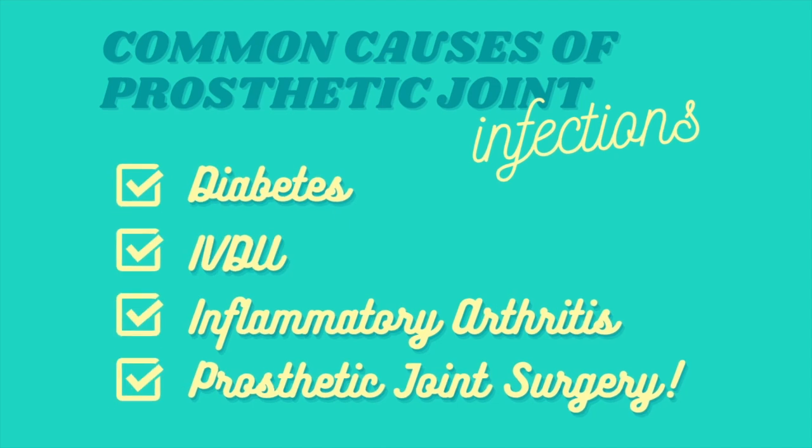And it spreads sort of the same way as a regular septic joint, where it can be hematogenous spread or direct inoculation. And a lot of infections occur at the time of surgery and then they're recognized later as well. So they have that additional risk factor of having had the joint penetrated in the OR that could lead to an infection down the road.